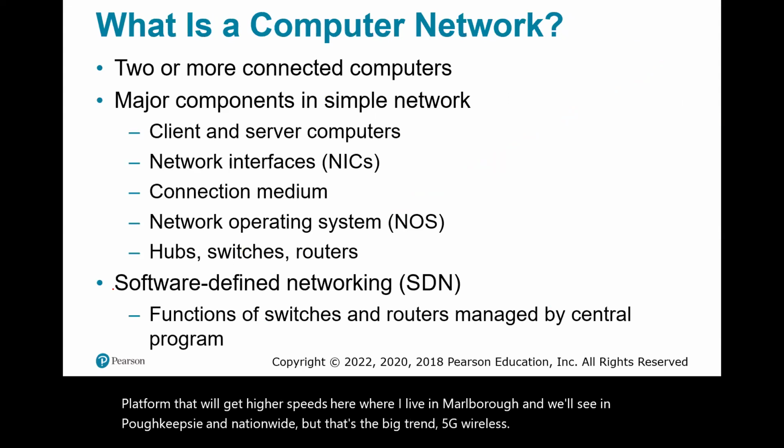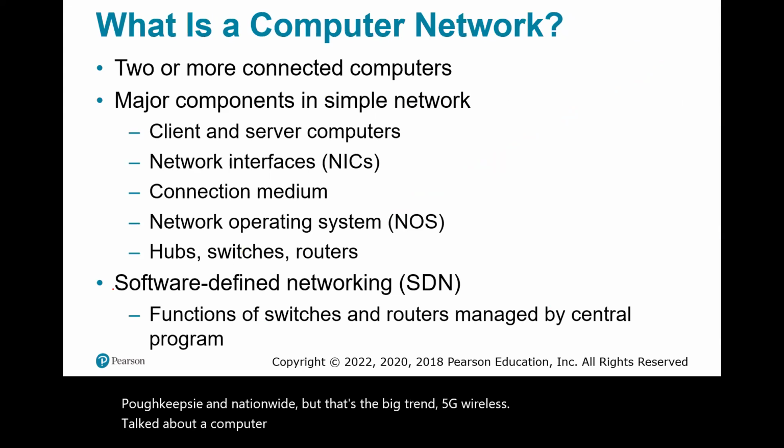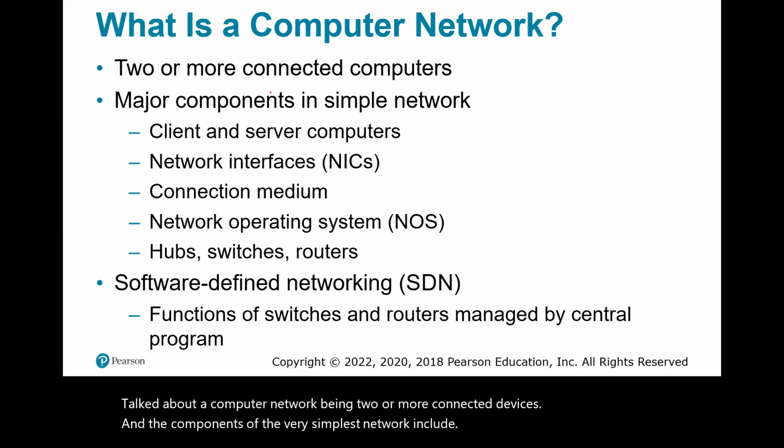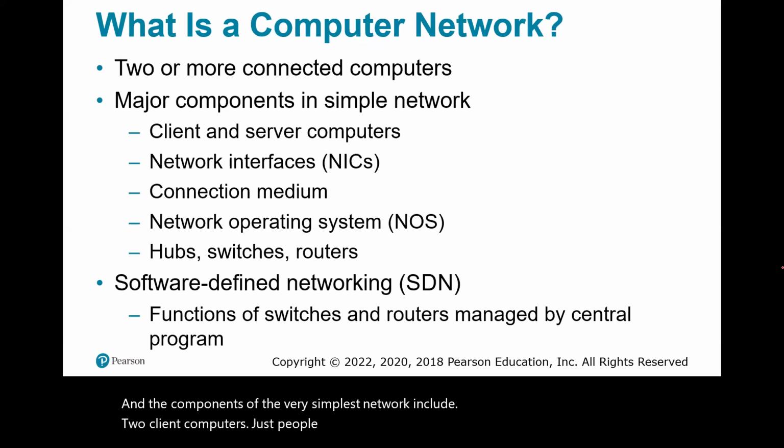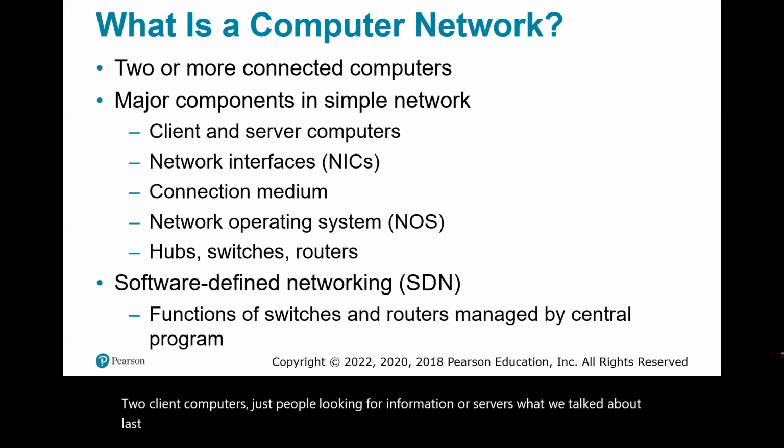We talked about a computer network being two or more connected devices. And the components of the very simplest network include two client computers, just people looking for information, or servers, what we talked about last week, network interface cards or wireless interface cards that we have in our laptops and our desktops.